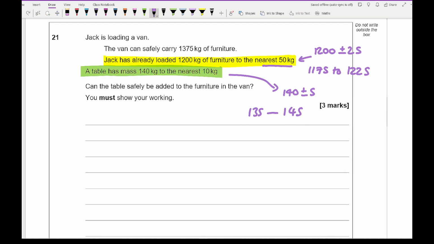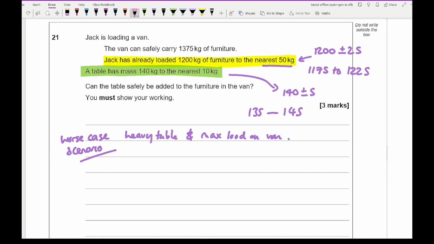Now, the worst case scenario that Jack can have is that you've got a heavy table and the maximum load on the van. So the heavy table it can be is going to be 145. Well, first of all, let's take it away.